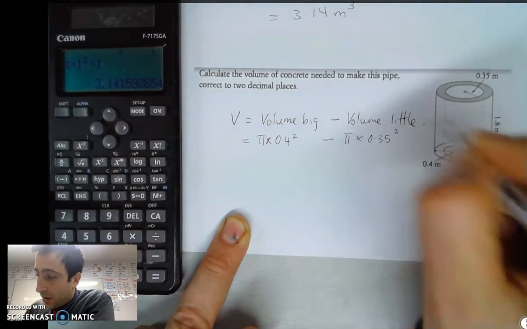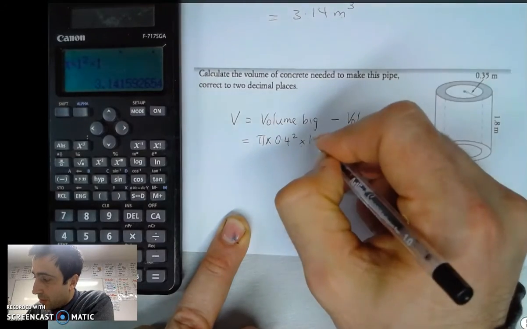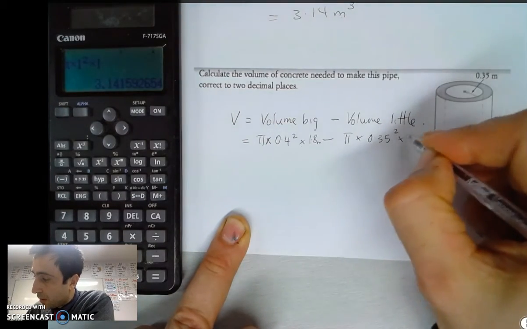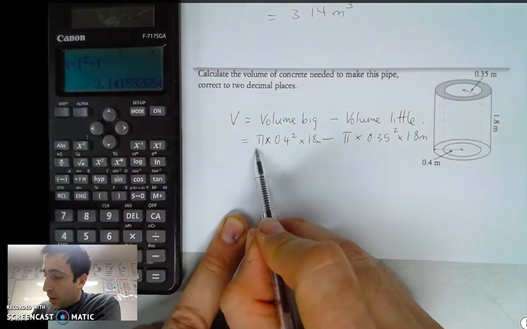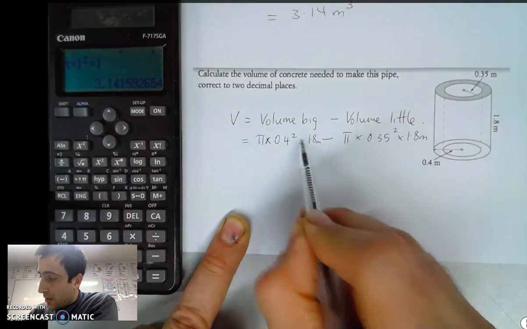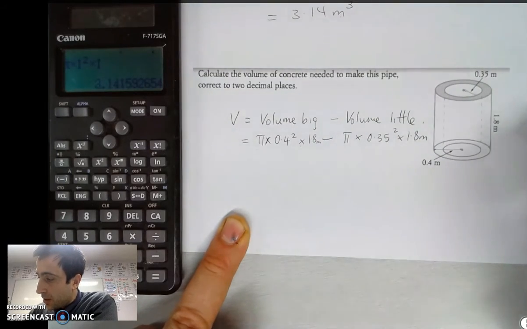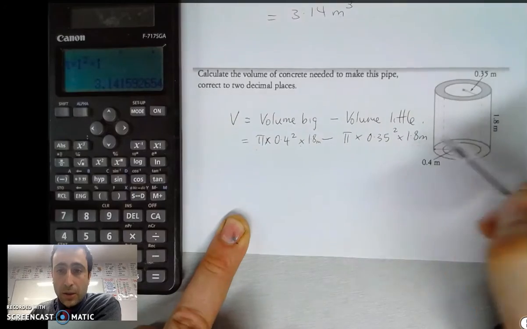Sorry, I've done the area, but I haven't multiplied it by how deep it goes, which is 1.8 meters. So let me just go over that again. The first volume is pi times r squared times by how deep it goes, minus pi times r squared times by how deep it goes.